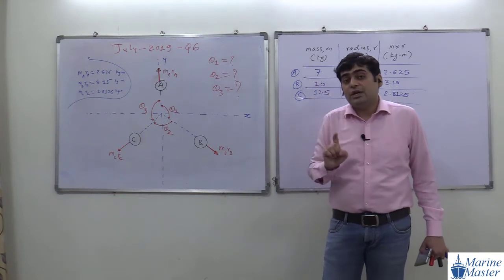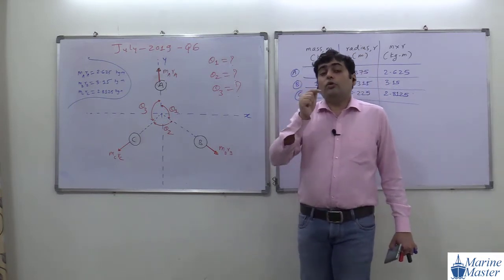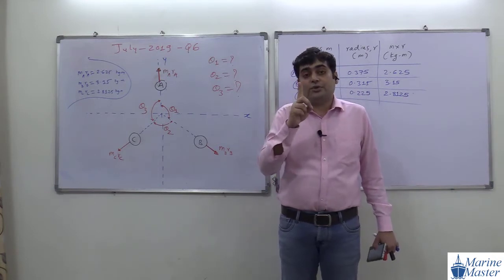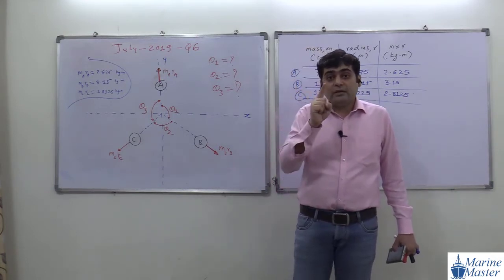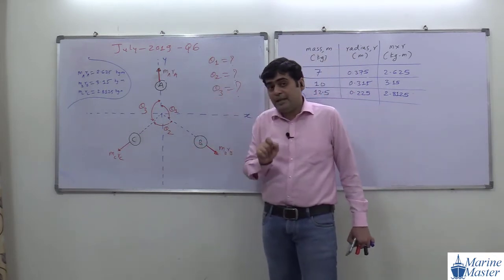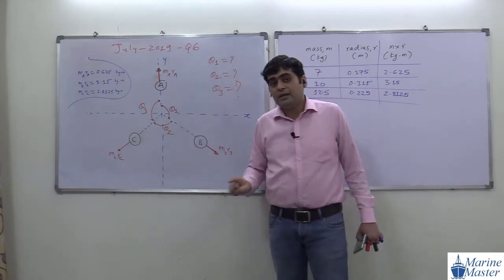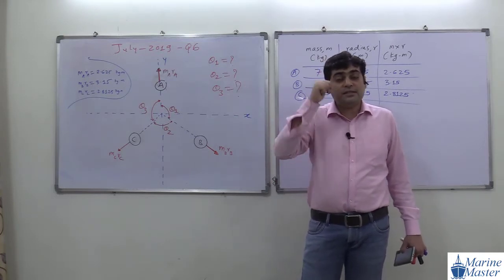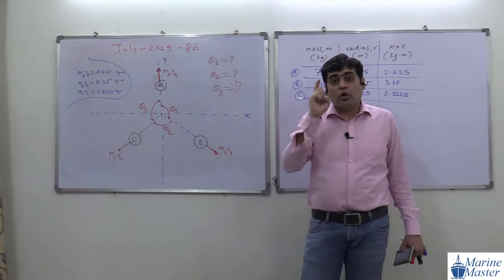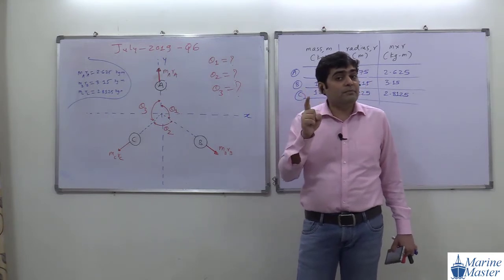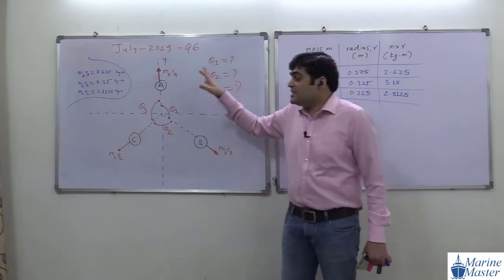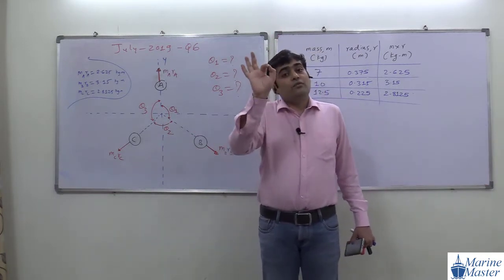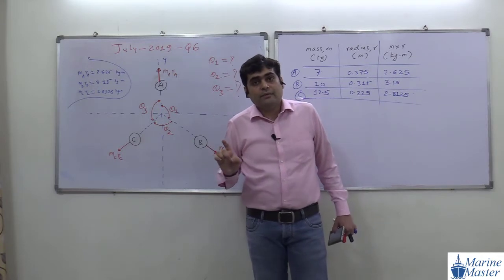Coplanar means all the forces are in the same plane, concurrent means they pass through the same point. If a coplanar concurrent 3 force system is in equilibrium, what will happen? Then these 3 forces will form a closed triangle. That is what we studied in the basic theory.